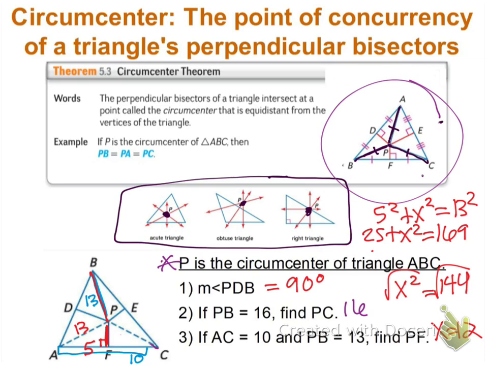The word that I'm going to give you for perpendicular bisector and circumcenter is the word public. But I want you to write it like I write it: capital P, lowercase u, uppercase B, lowercase l, lowercase i, capital C. So, public.